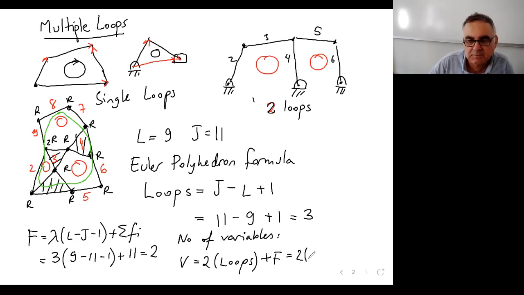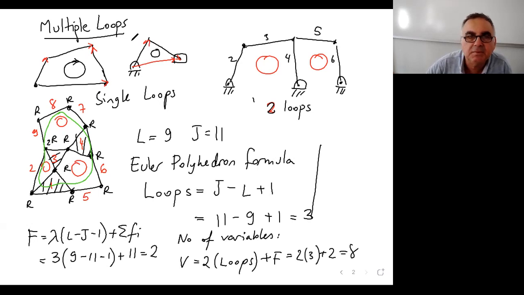So it is 2 times 3 plus 2, which is 8. There will be 8 variables in this equation. And we know that each loop equation can be solved for 2 variables.